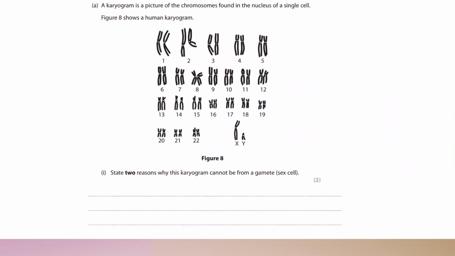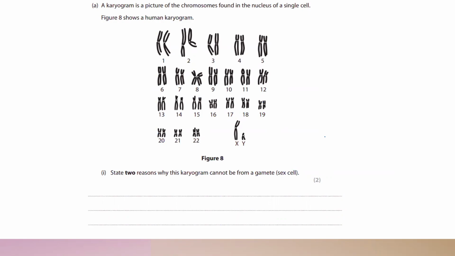Okay, a karyogram, as I promised you earlier, is a picture of the chromosomes found in the nucleus of a single organism or single cell. Figure 8 shows a human karyogram. Okay, so you've got 23 pairs. State 2 reasons why this karyogram cannot be from a gamete sex cell.